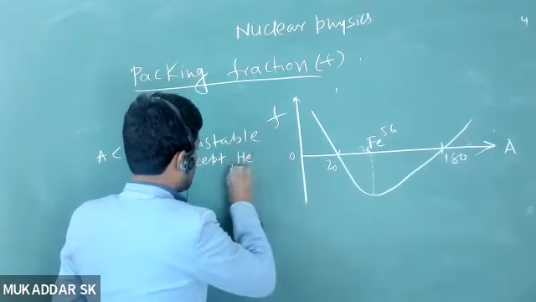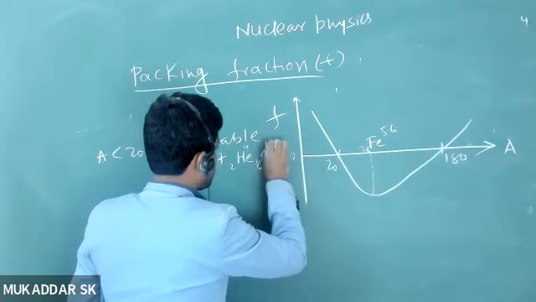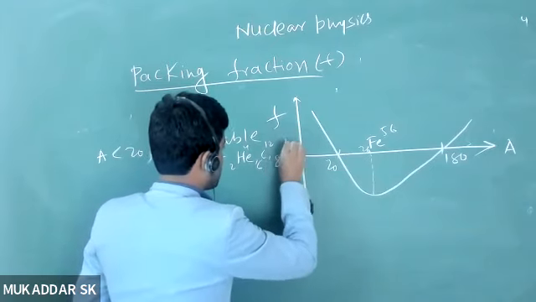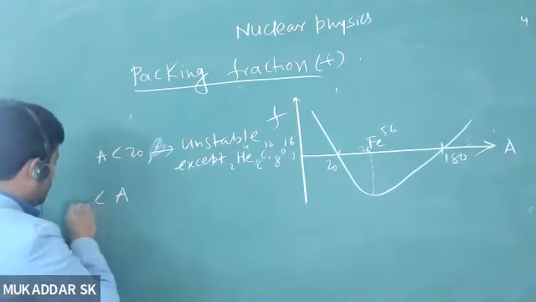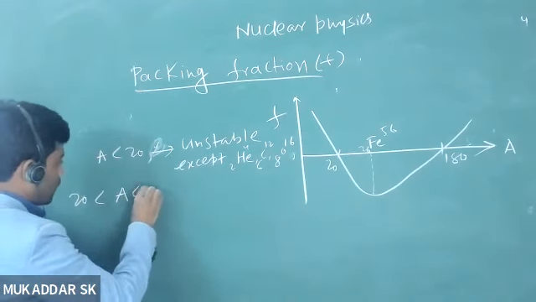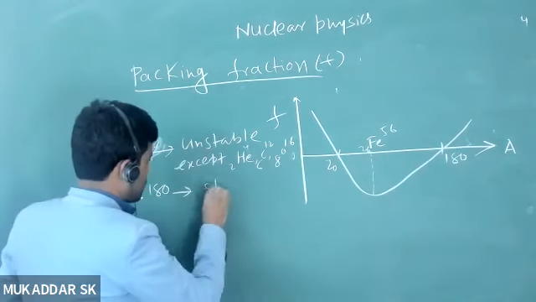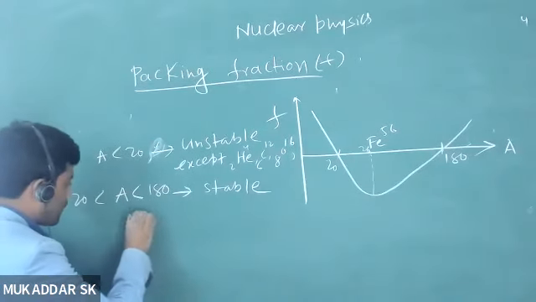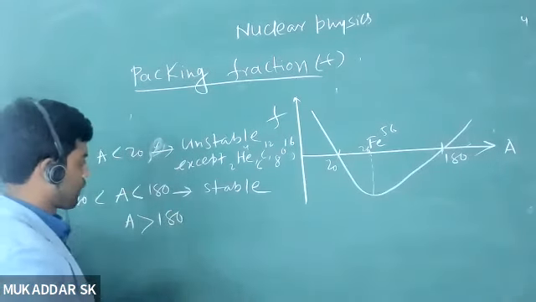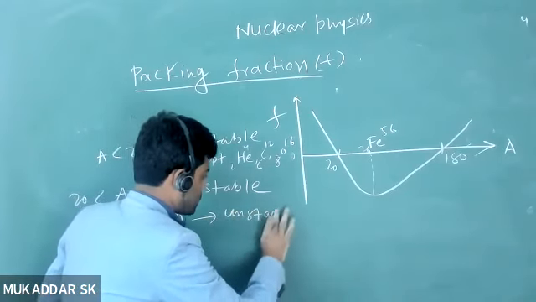Oxygen, neon, carbon 6, and oxygen. Exactly. Very good. And mass number in between 20 and 180, they are stable. And mass number greater than 180, again unstable.